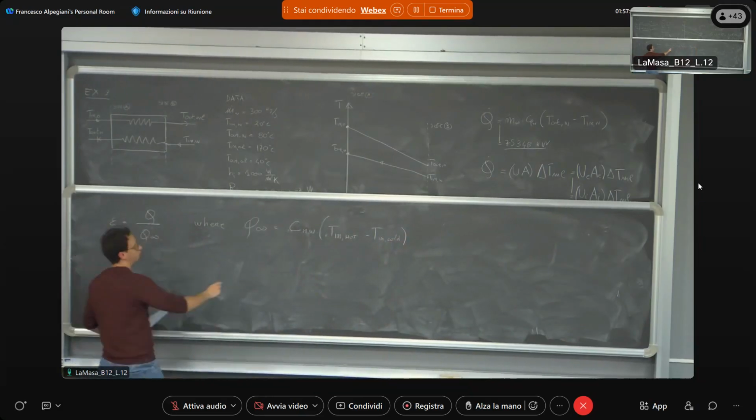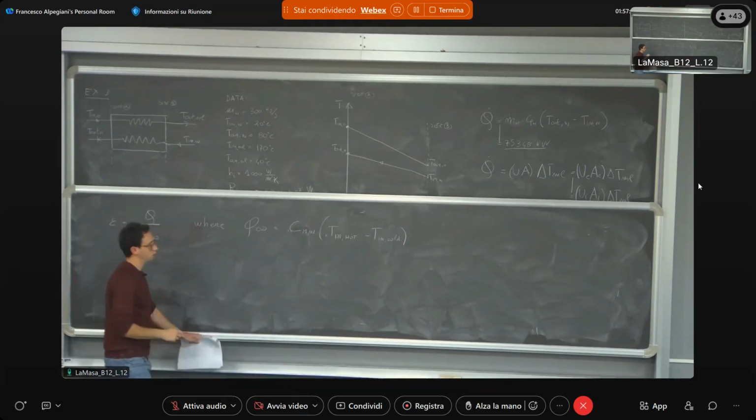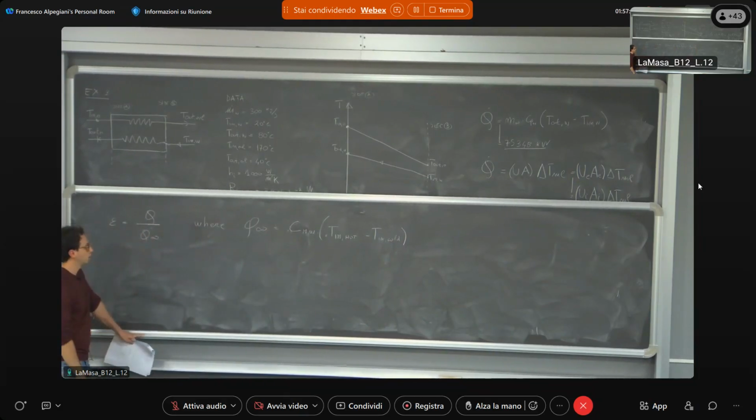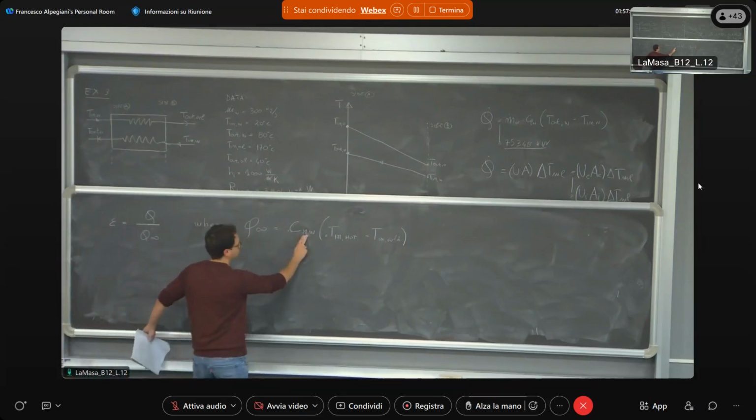This is the minimum heat capacity that we have between the two fluids, M times C of the fluid, for water and for oil. We need to evaluate which is the lower one and use it inside this formula.